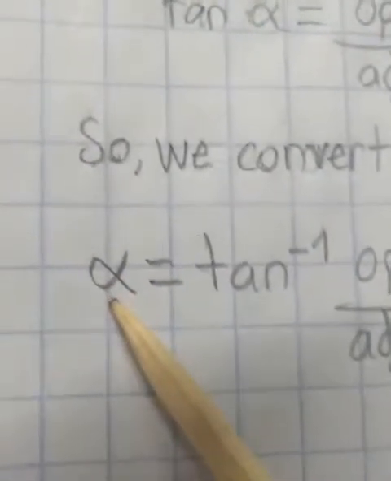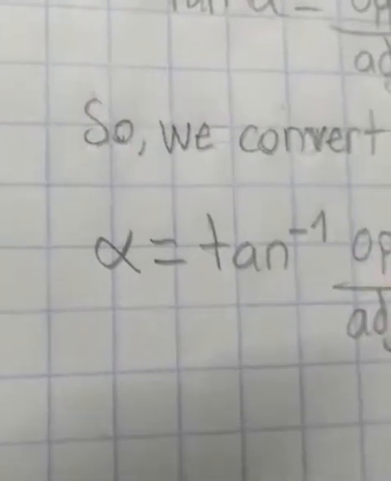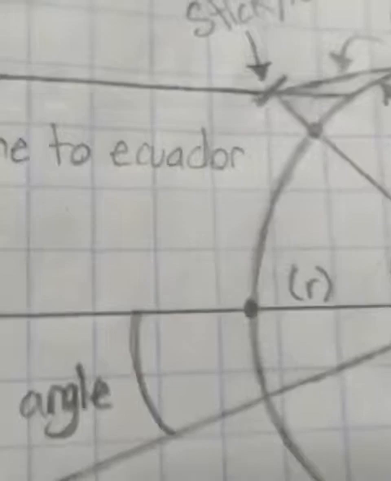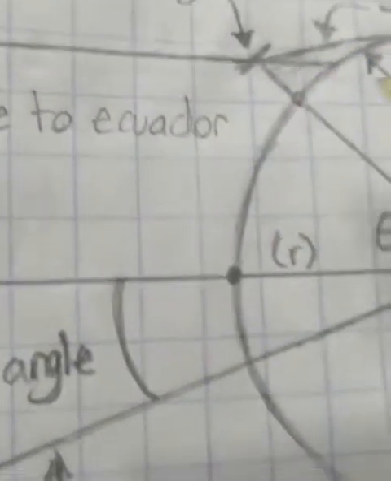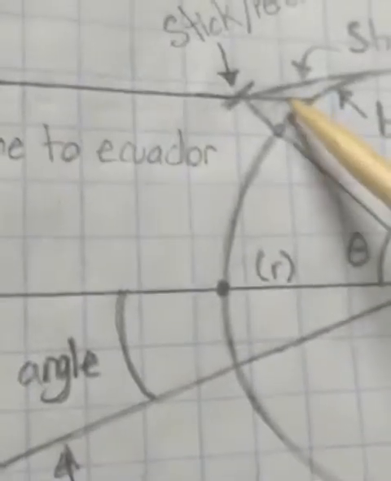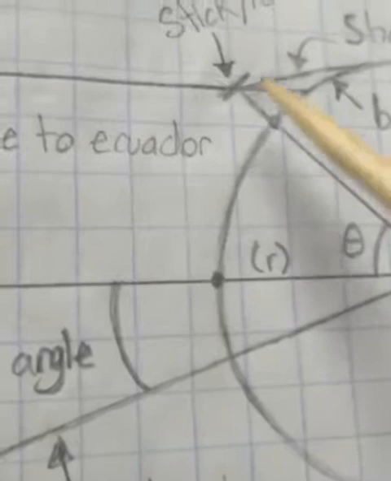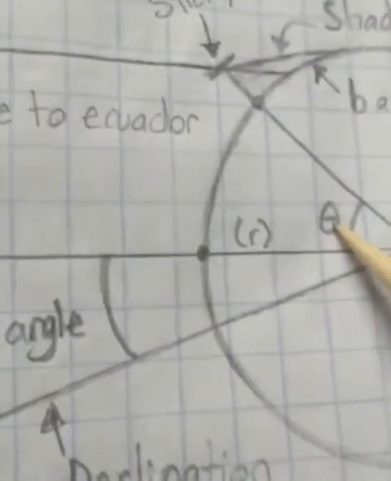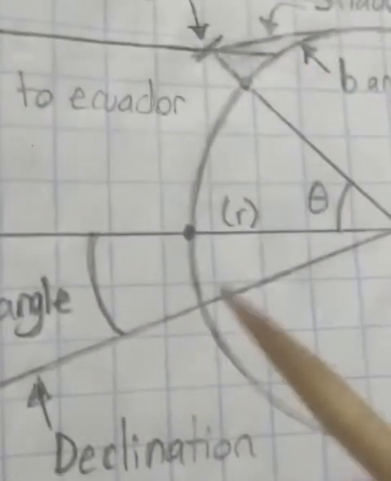The alpha angle is equal to the inverse tangent of the opposite leg by the adjacent leg. So once we got this angle, the alpha angle, we know by rules that this angle is equal to this one because they are perpendicular to each other. So the theta alpha is equal to the alpha angle.